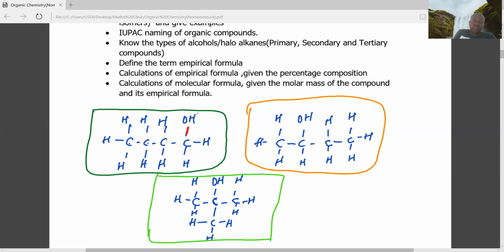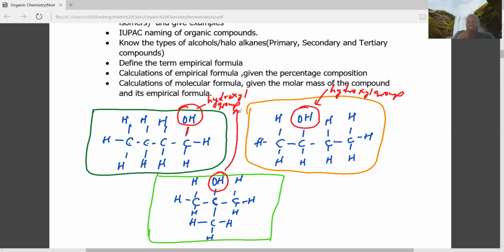So this is a hydroxyl group. Same applies with this, it is also a hydroxyl group. Even this one is also a hydroxyl group.